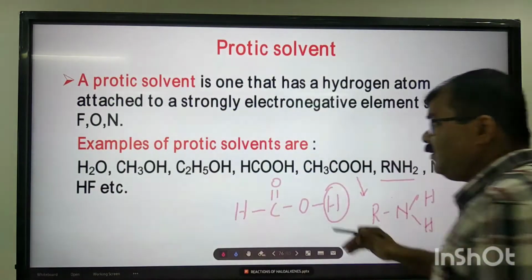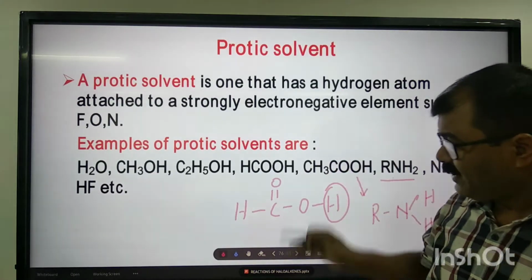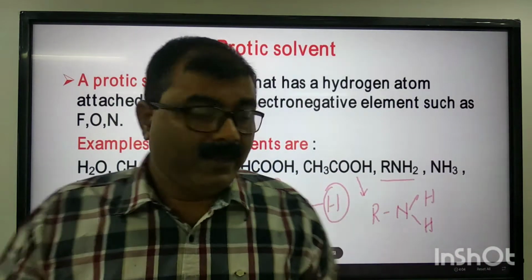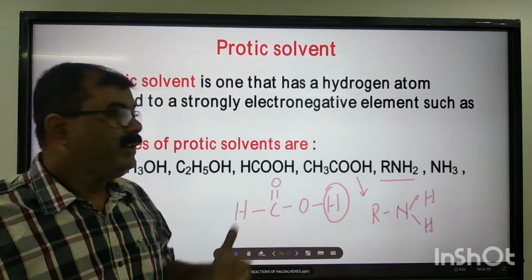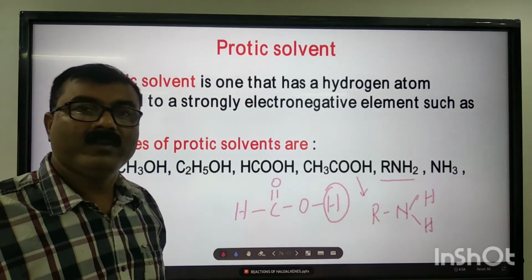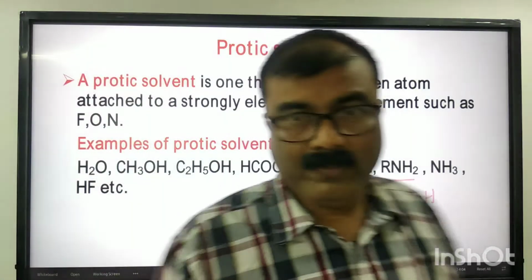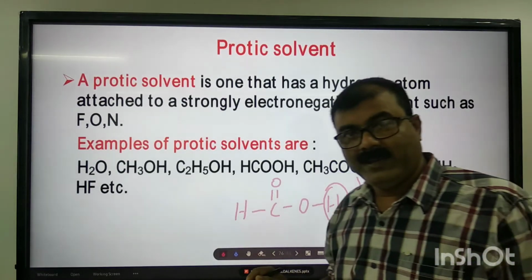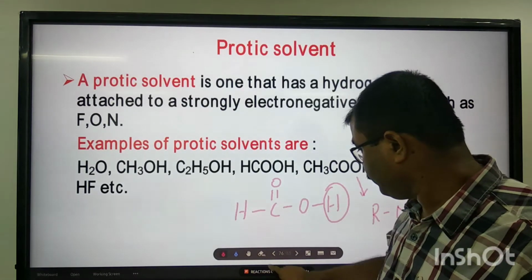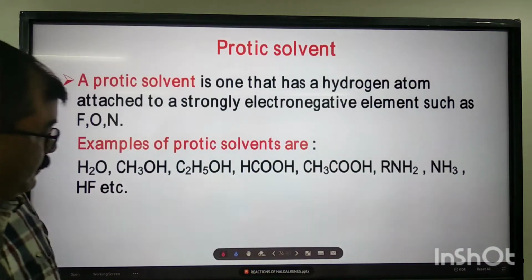These hydrogen atoms are attached to strongly electronegative elements and they are capable of forming hydrogen bonds. That is why they are called protic solvents. They are polar and protic. Have you understood? Okay. Next.